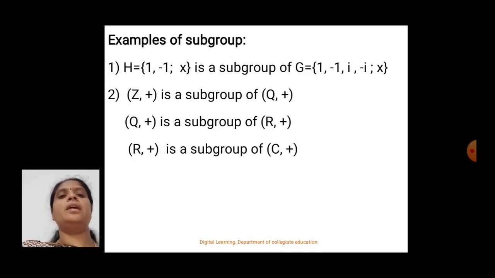An example is the set {1, minus 1} under multiplication, which is a subgroup of G equal to {1, minus 1, i, minus i} under multiplication. Another example: Z comma plus is a subgroup of the set of rational numbers with addition. The set of rational numbers with addition is a subgroup of the real numbers with addition, and the real numbers with addition is a subgroup of the complex numbers with addition.